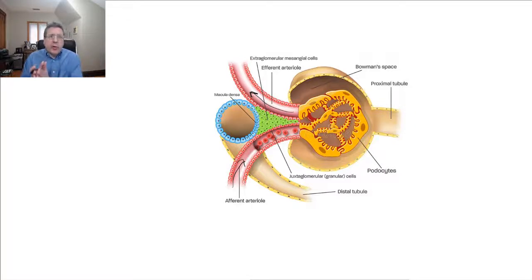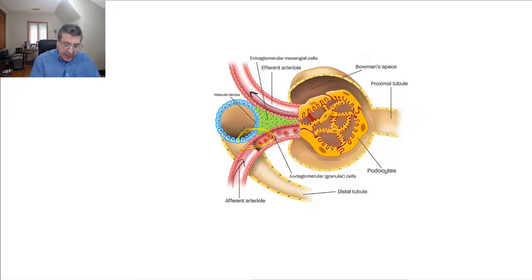This is focusing in on the juxtaglomerular apparatus. And the one thing I don't like about this picture, it's really not aligned up great. But the juxtaglomerular apparatus, I'm trying to come up with a color that's a little different from all this. Juxtaglomerular apparatus is going to be in this region, okay?